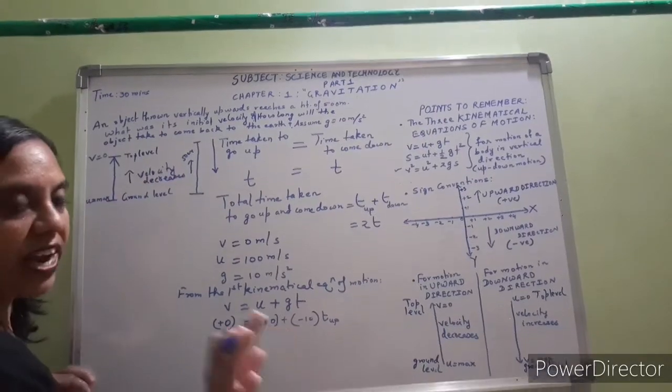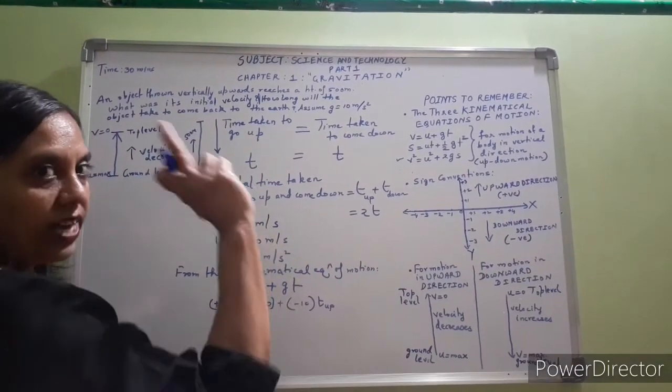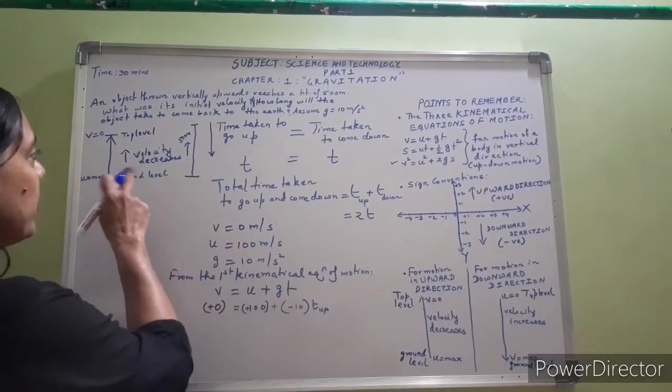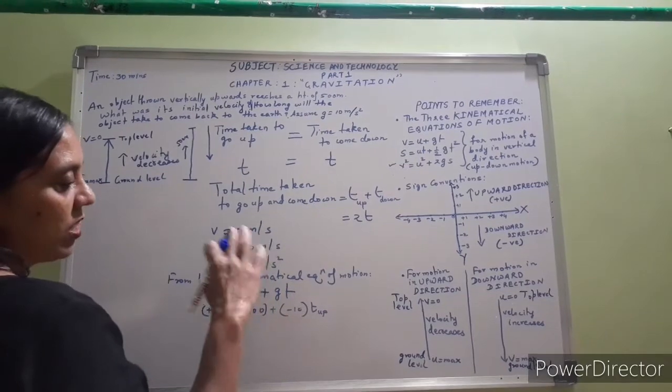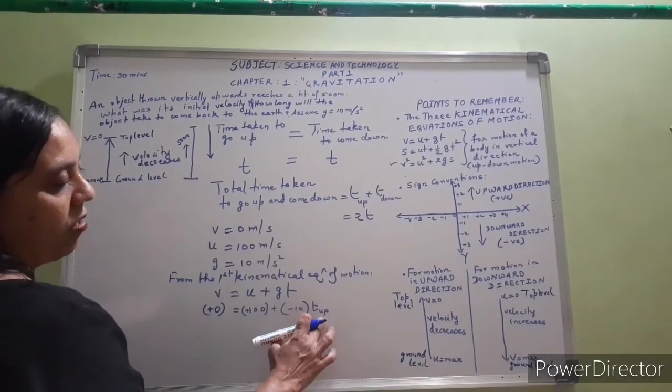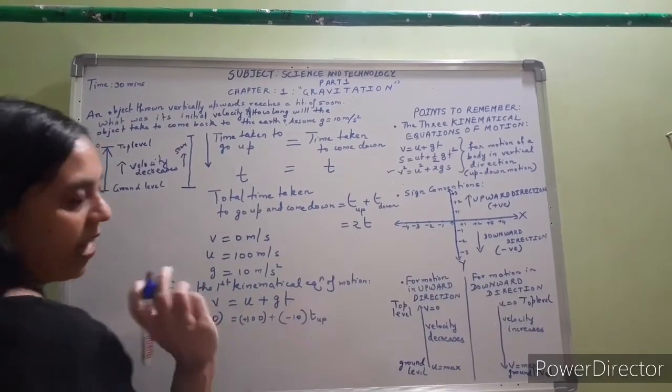Now first I am finding the time that the body will take to go in the upward direction, to undergo a displacement of 500 meter. 500 meter तक जाने के लिए उसे कितना टाइम लगा वो हम पहले निकालेंगे. So t upward I am finding.